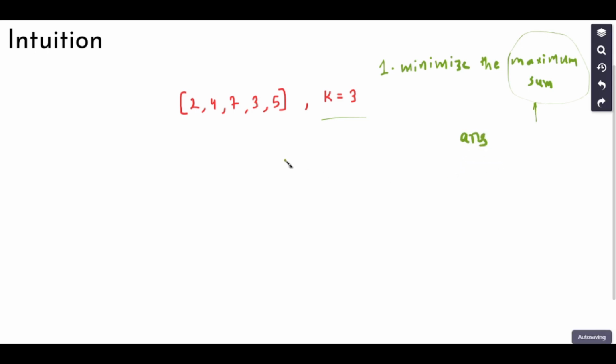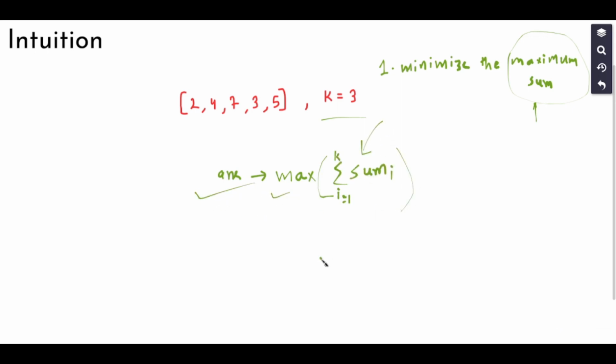Now for any partition, this is going to store the maximum of the sums of all the subarrays. Now we want to minimize this number. That means this is the variable, or this is the answer, on which we want to perform the binary search.